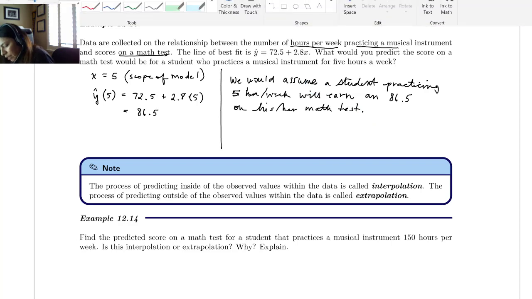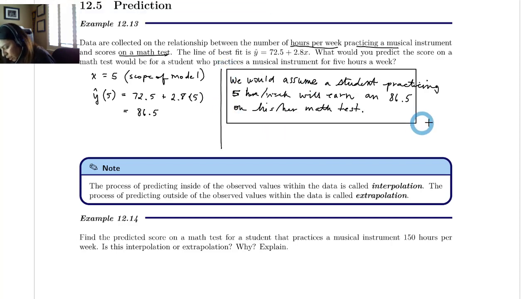So it just means that you can assume, and it's a good prediction, as long as it's within the scope of the model.